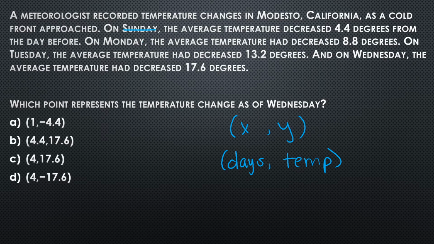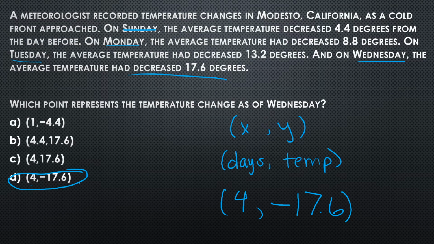So Sunday is day 1, Monday is day 2, Tuesday is day 3, and Wednesday is day 4. So it has been 4 days, and the temperature on Wednesday had decreased 17.6. So that means if it is a decrease, my 17.6 must be negative. So 4 comma negative 17.6.